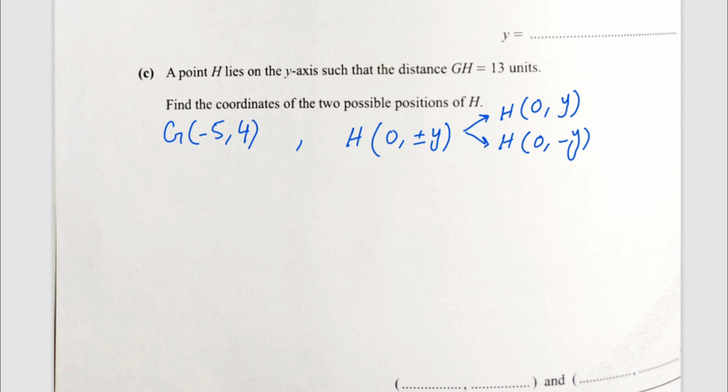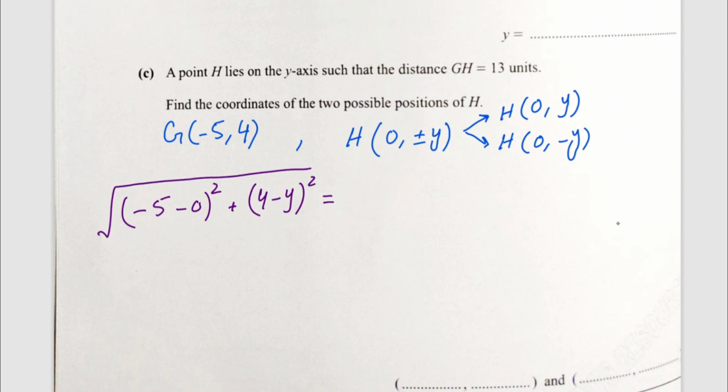So the square root of (x1 minus x2) whole square, minus 5 minus 0 whole square, plus (y1 minus y2) whole square, 4 minus y whole square, is 13 units. Now from this equation we will find the value of y.